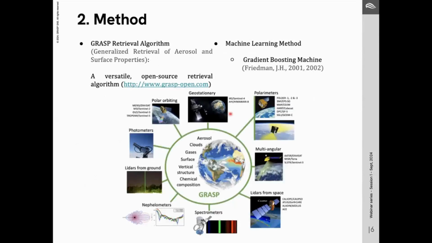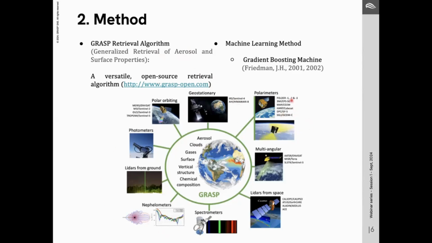In this work, I used a new approach that combines the GRASP aerosol retrieval algorithm with a machine learning method. The GRASP retrieval algorithm, which stands for Generalized Retrieval of Aerosol and Surface Properties, is a very versatile open source algorithm, and it has been applied to many different remote sensing measurements, including passive, active, spaceborne, or ground-based, etc. For example, here I list most of them.